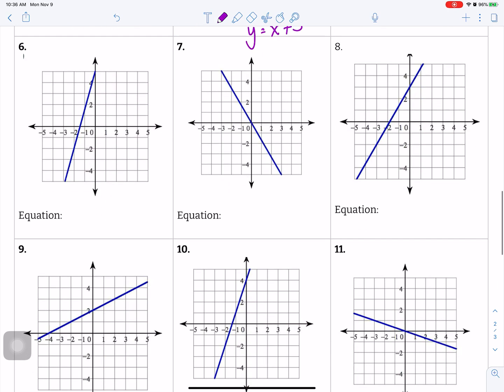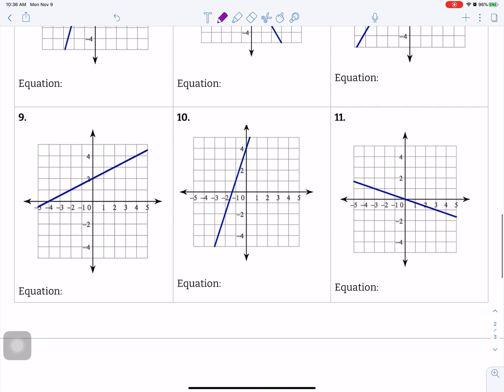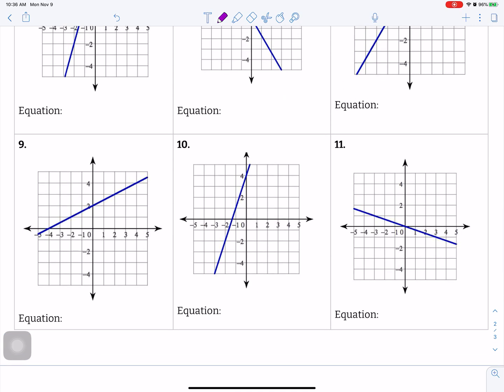Just trying to see if I see any on here that really definitely look different. They all look to be about the same. Let's look at number 10, just because it's number 10. So looking down, it looks to be here. So that would have been down 3 over 1. So I'm just going to double check. Down 3 over 1. That still matches up on that grid, so then I have more confidence in my slope. Looking at this, the line has a positive slope.